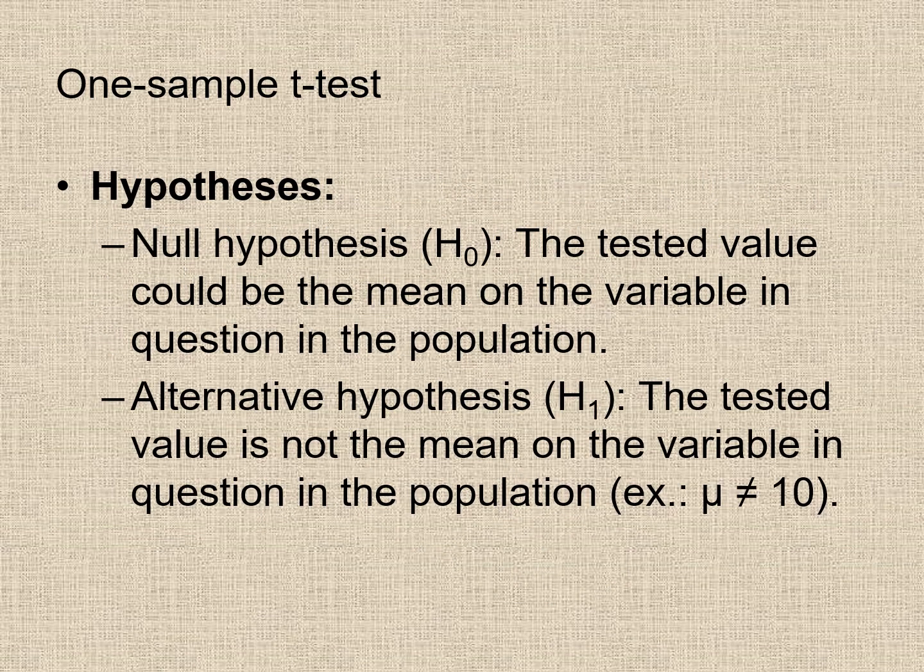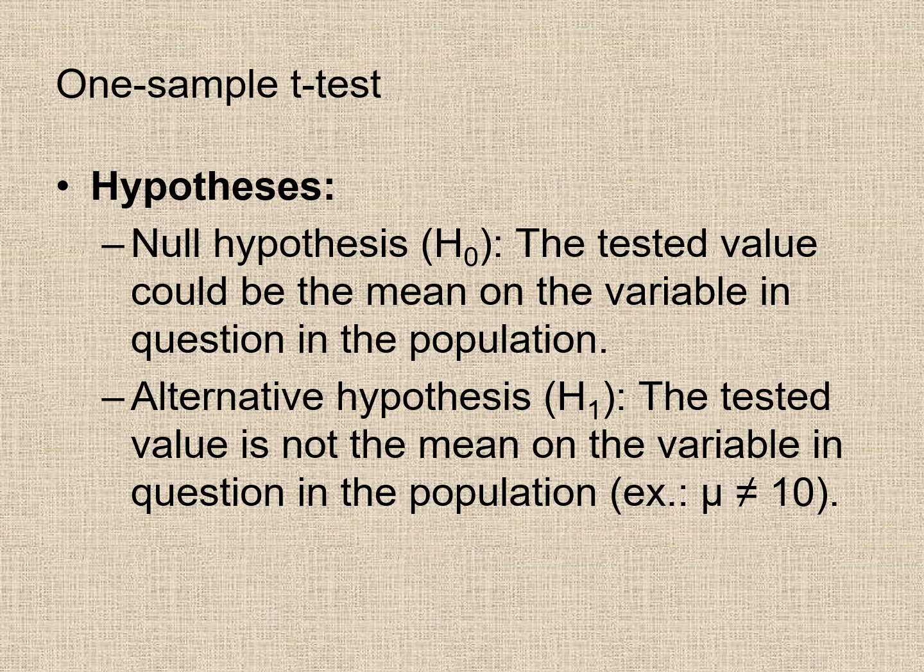So we have a null hypothesis and an alternative hypothesis. When we conduct the one sample t-test, we try to figure out if a certain value might be the population mean. Then the null hypothesis says that the tested value actually could be the mean on the variable in question in the population. And the alternative hypothesis says the opposite: the tested value is not the mean on the variable in question in the population.